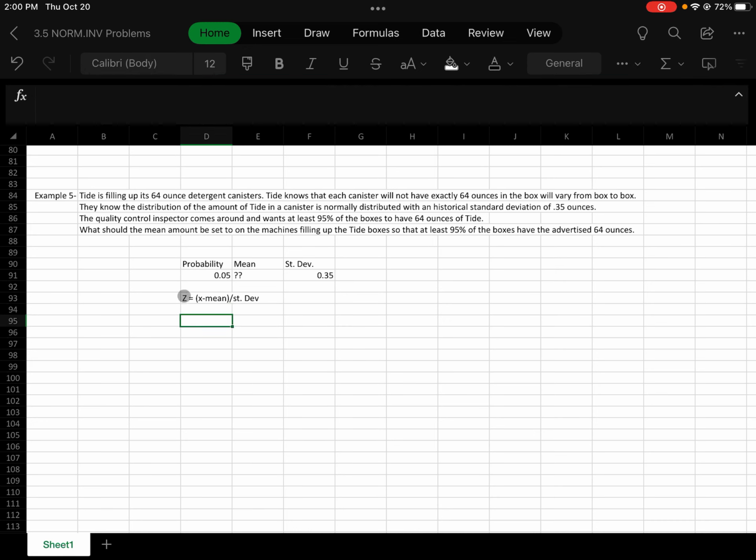First I have to find z, because if I'm looking for the mean, I need to know every other variable here. I know the standard deviation, it's 0.35. I know x, it's 64. I want x to be 64. And I can find the z-score using this probability.